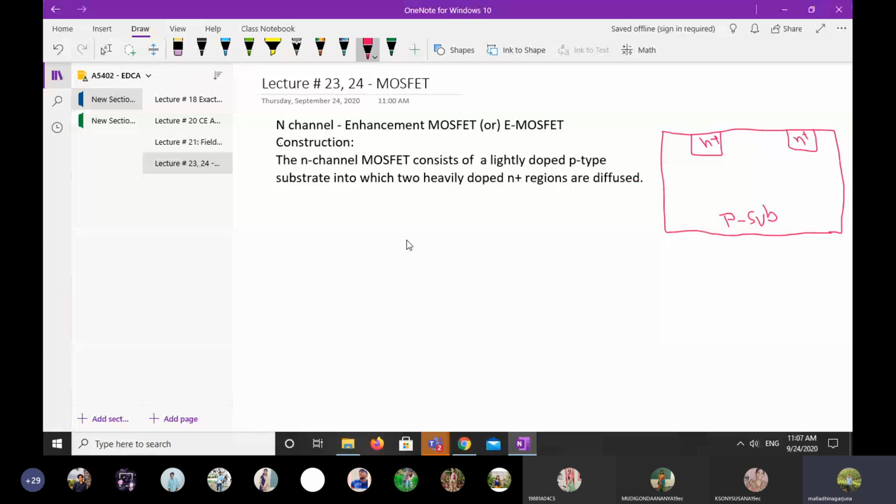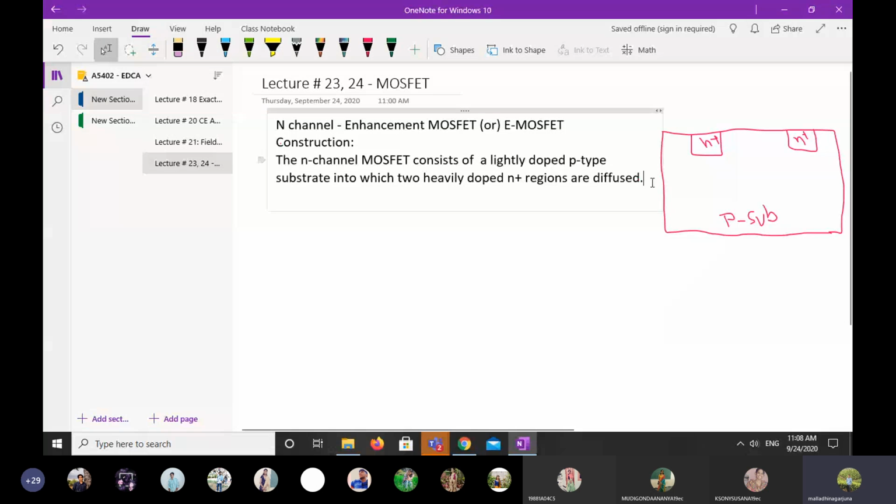What type of substrate do we take? The opposite polarity of the channel. The channel is N type, so the substrate should be the opposite, that is P type. So I take the P substrate first, then diffuse two N plus regions into the substrate. This is the first point.